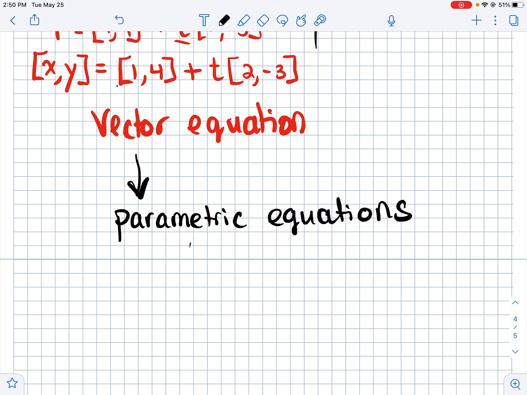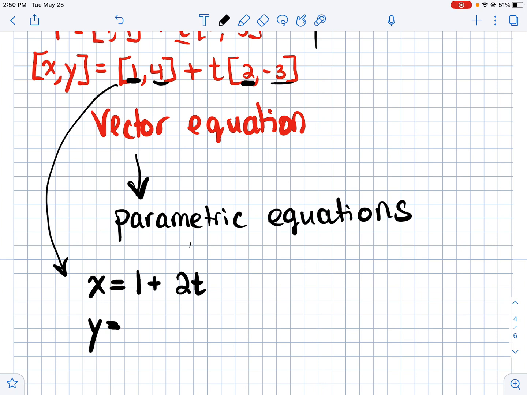So this parametric equation would be x equals 1 plus 2t, and I have to include the parameter, t. And then my y is equal to 4 plus negative 3t, or 4 minus 3t.